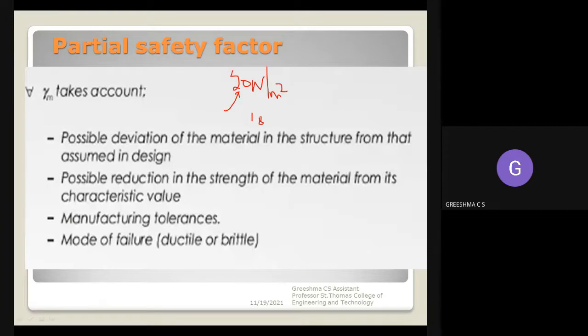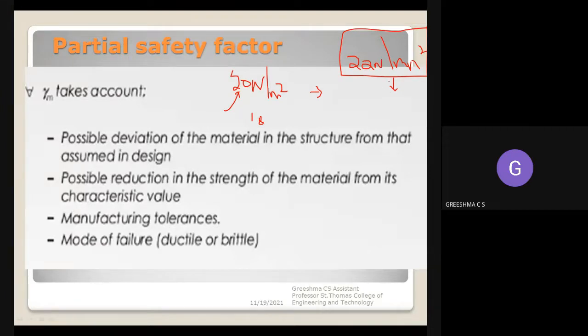For example, it is a 20 target strength. I am multiplying with the factor and making it 22 Newton per mm square. So I am mixing the concrete to get a strength of 22 Newton per mm square.